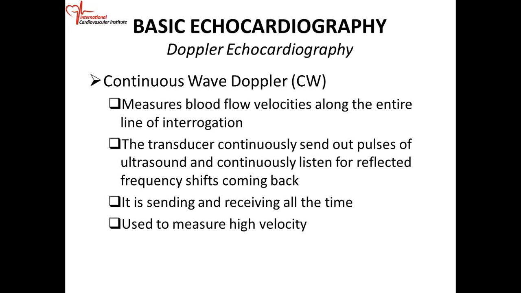So it's not limited by sending out and then waiting and listening; it's sending and receiving at all times. It's used to measure high velocity flow. So anything above 1.5 to 2 meters per second, you shift to continuous wave Doppler. Okay?